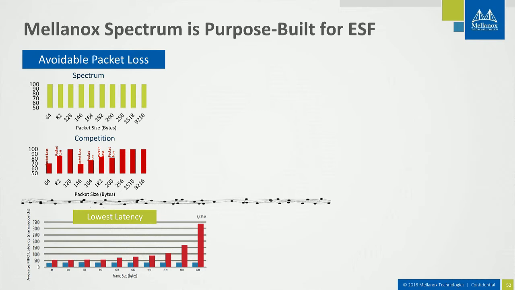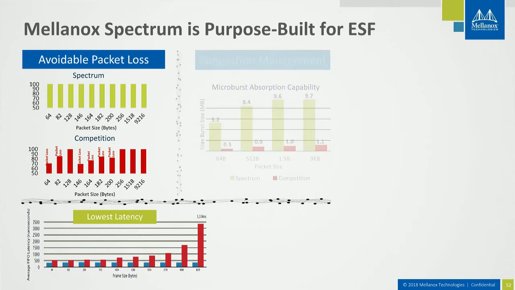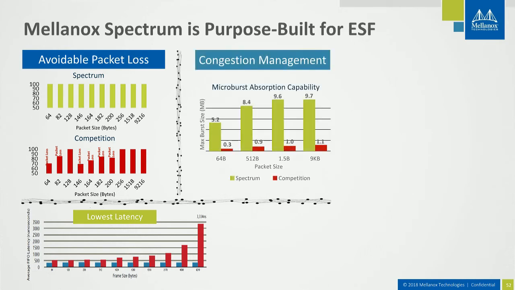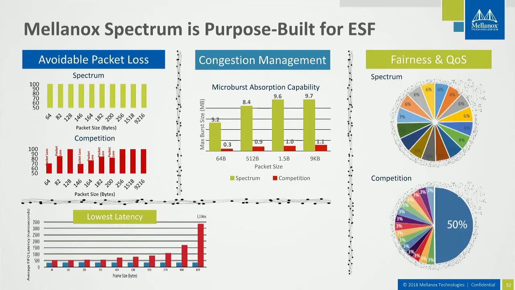And because we use a dynamically shared buffer for all the switch ports, we have a better capability to do microburst absorption because you have a larger buffer available to all the ports. Also, because the buffer is dynamically shared, the ports that are busy processing I/Os can get access to the entire buffer pool.